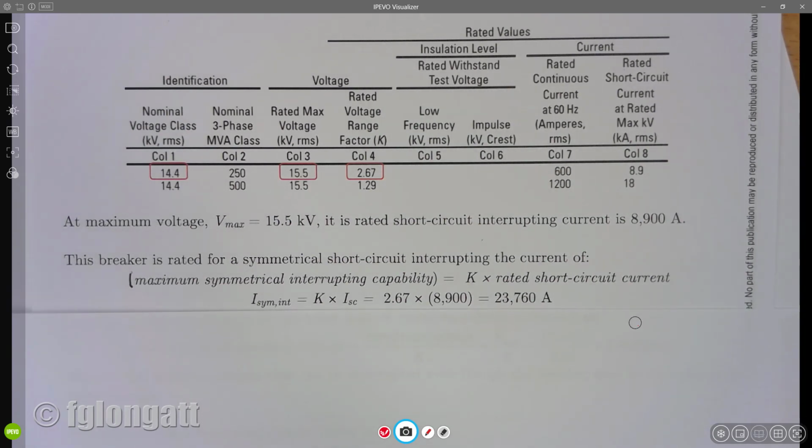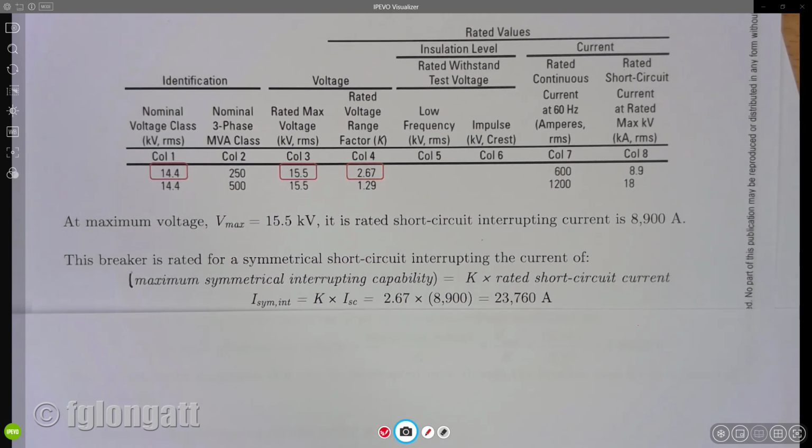Running the calculation, straightforward, we get that the maximum symmetrical interrupting capacity of this circuit breaker is 23.6 kiloamps.